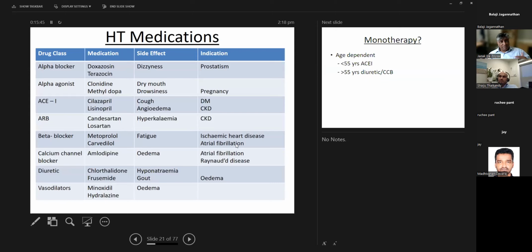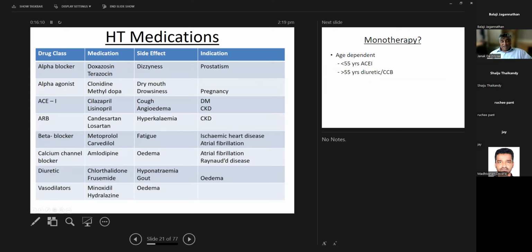So again, when I think of blood pressure medications, there are a whole lot of classes. There are alpha blockers such as doxazosin, which dilate blood vessels and have side effects of dizziness, but are very effective for people who have prostatism. Alpha agonists such as clonidine have side effects of dry mouth, but they're safe in pregnancy.